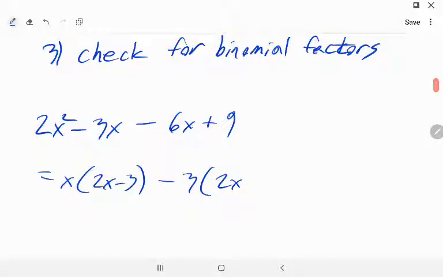If we wrote it as plus 3 times the quantity negative 2x plus 3, you notice that they're not quite the same. We have x times the quantity 2x minus 3 plus 3 times the quantity negative 2x plus 3.